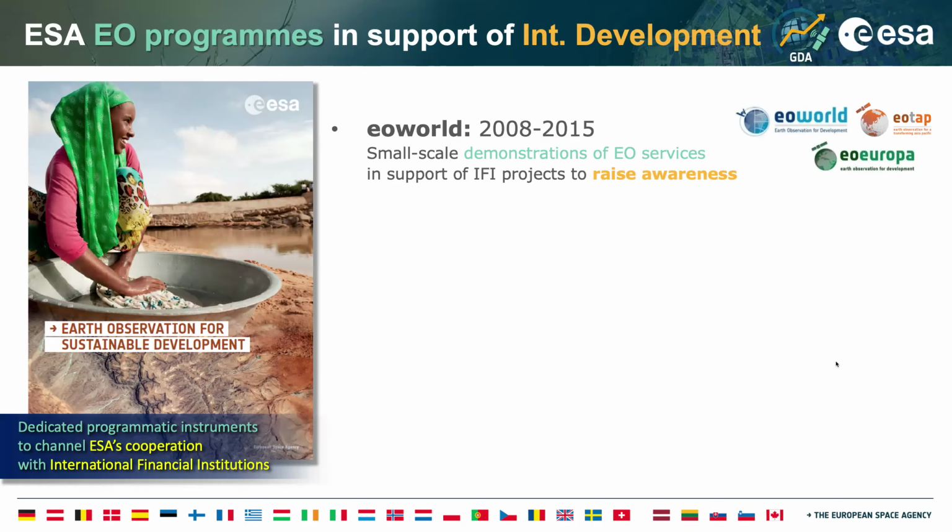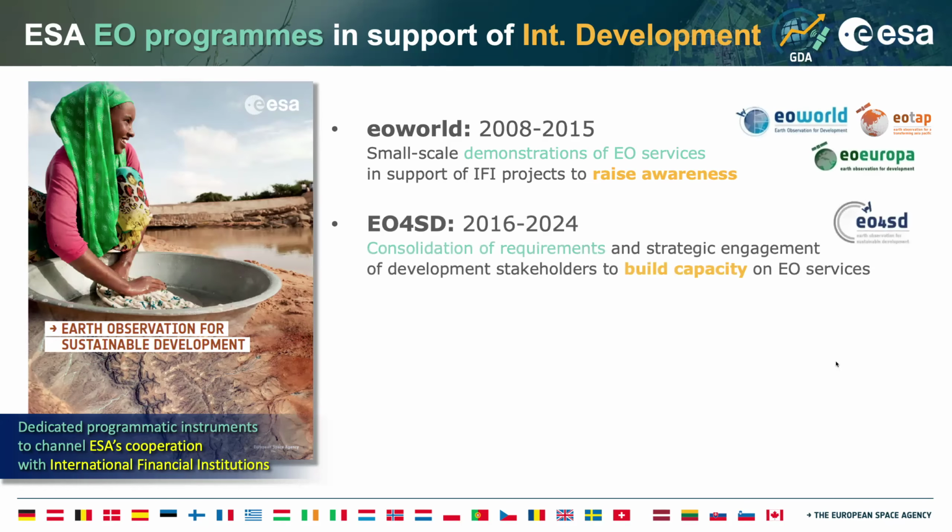The first activity started already in 2008 with the first programs that were aiming at demonstrating the potential of Earth observation for international development. So to raise awareness of what is possible to do with Earth observation.